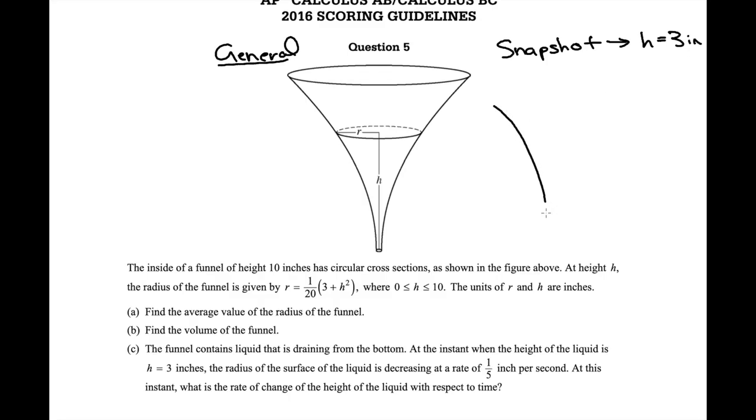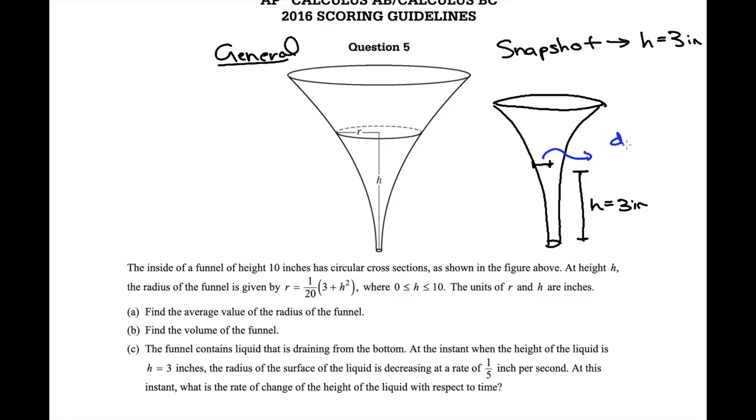So we could draw ourselves a little funnel here, and what you kind of see is that when this height is 3 inches, this radius, we don't really know what the radius is at that point, but we do know that at this particular instant, dr/dt is going to be negative 1/5 inches per second.